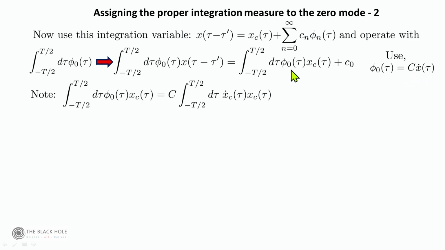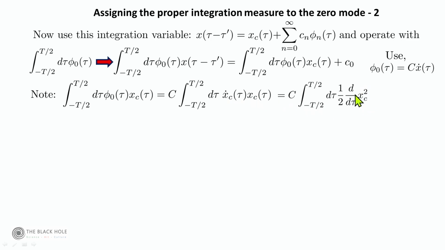Good. Now look at this thing, phi 0 xc. That's xc dot xc. What is that? That's just half d by d tau of xc squared. Differentiate this, the 2 cancels, there's xc dot xc. Fine.